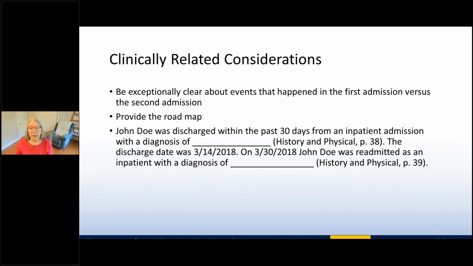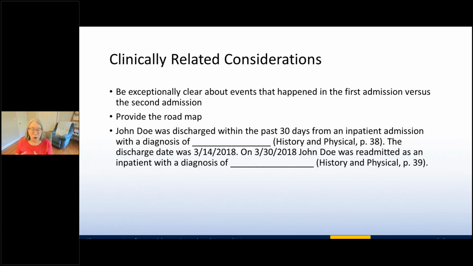Okay, so clinically related considerations. In your appeal, be exceptionally clear about the events that happened at the first admission versus the second admission, and provide a roadmap. When I say roadmap, what I mean is that you're going to talk about things that happened in the first admission, things that happened in the second admission, and make sure that you're providing where they can find that documentation.